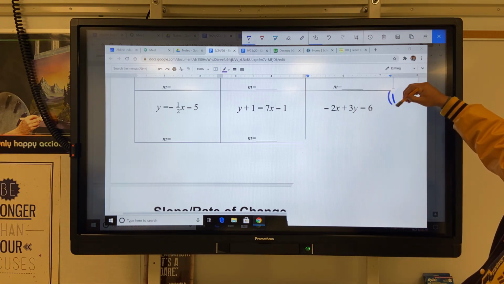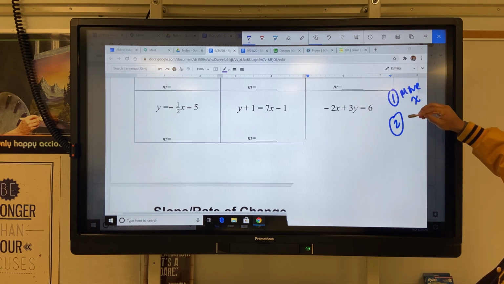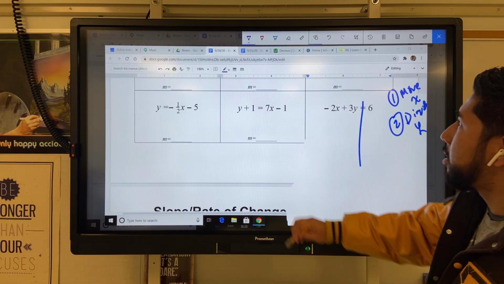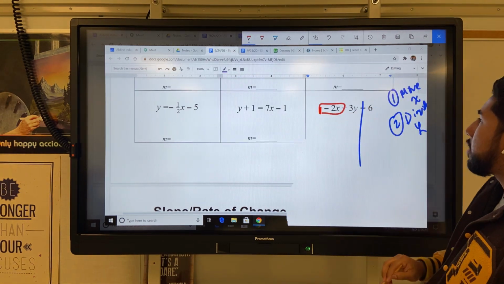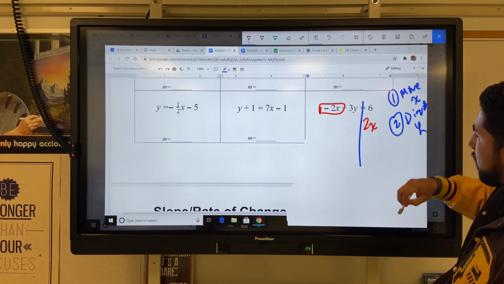So steps are: move my x, and step 2, divide by y. All right. Move my x. Let's use red like last time. Moving the x goes from a negative to a positive. That's positive 2x.